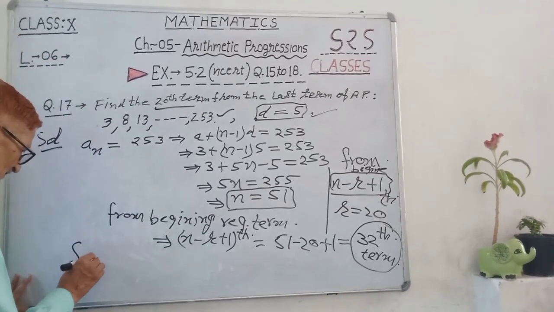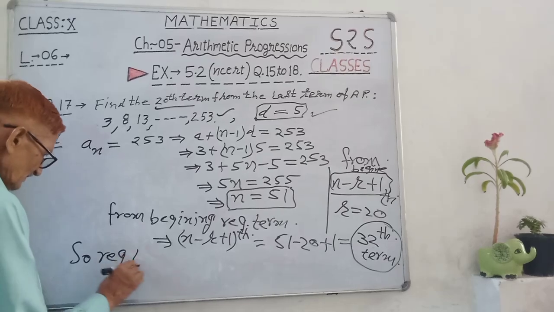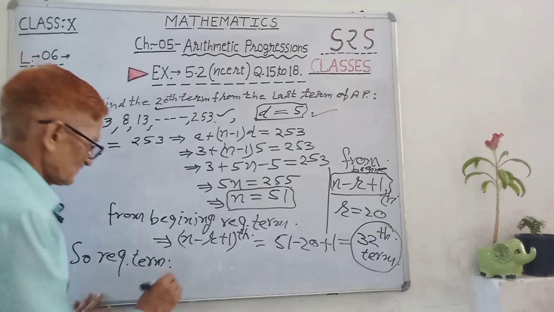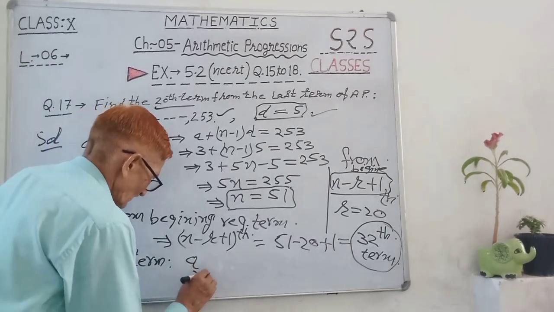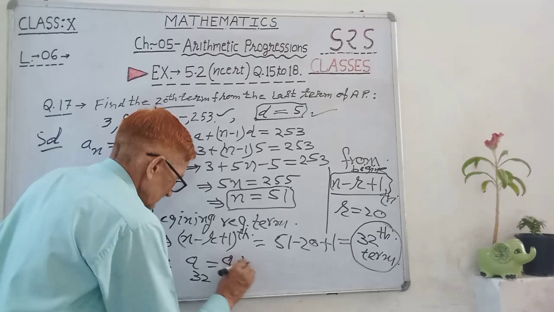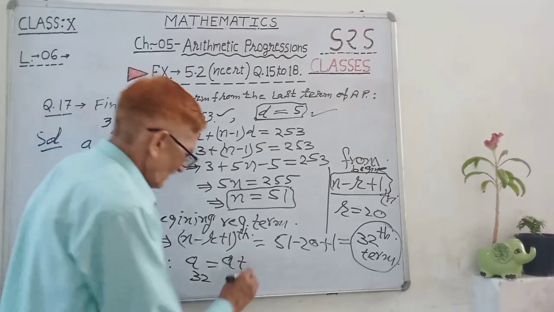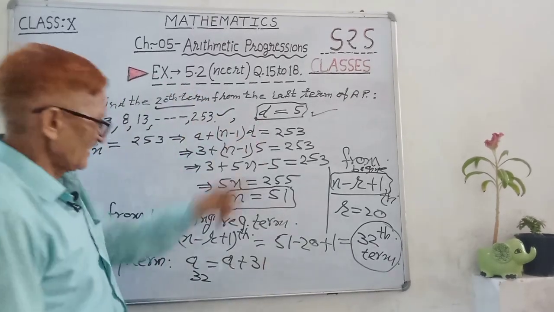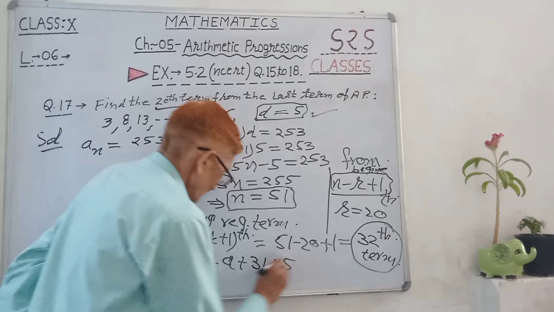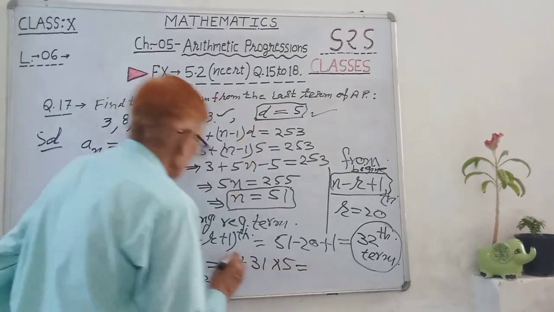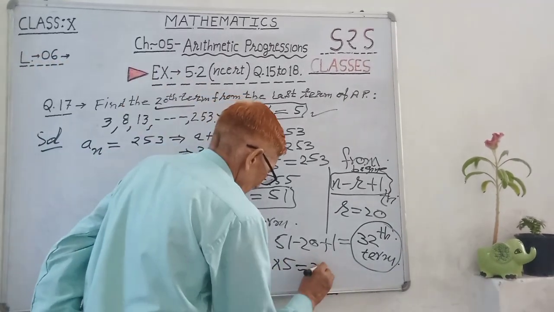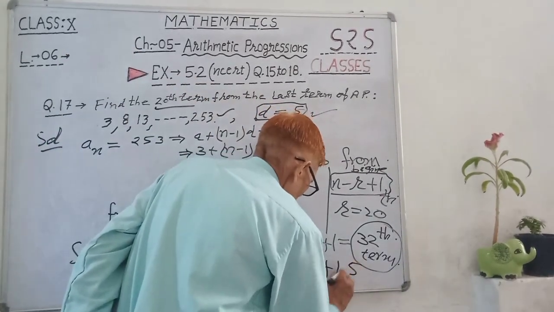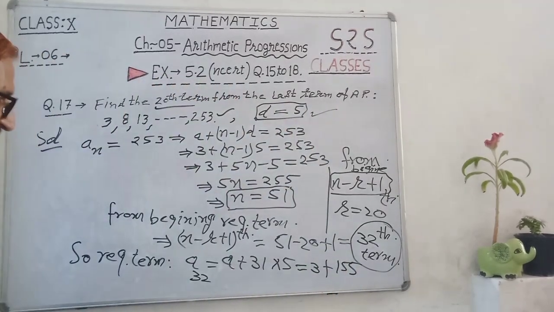So the required term is the 32nd term, A32. A plus (32 minus 1), 31 into D. D is 5. Then A is 3 plus 31 into 5. 5 times 31 is 155.